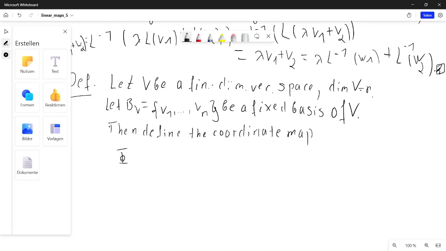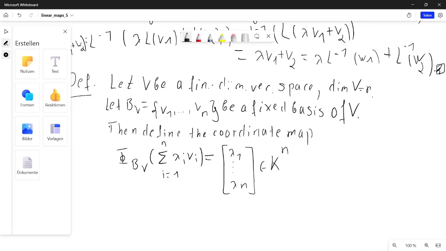Of course, what this map does is assign to each vector its own coordinates, lambda i, i equal 1 to n, lambda 1 to lambda n, in the vector space K^n, just like R^n, but now we have an arbitrary field.